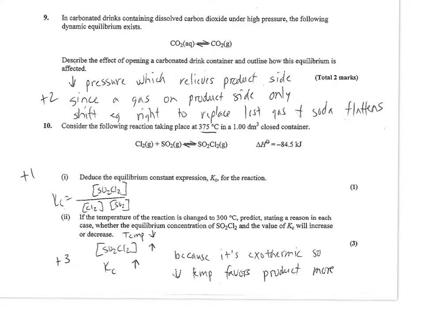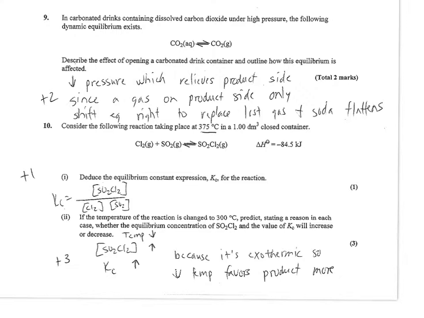Part 2 says if the temperature of the reaction is changed to 300 degrees, so this is a decrease in temperature, state, giving a reason in each case, whether the equilibrium concentration of product and the value of Kc will increase or decrease. So this is worth 3 marks, one for stating if the equilibrium concentration of the product increases or decreases and what the effect on Kc is, and then giving a reason.